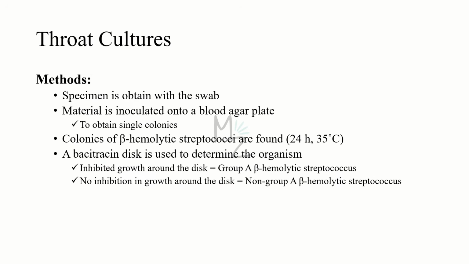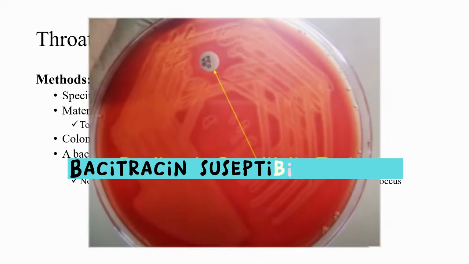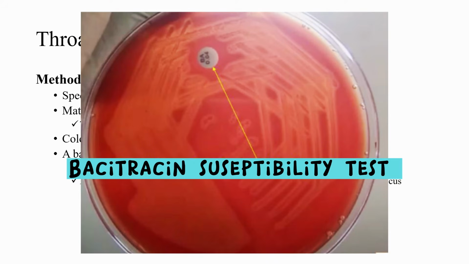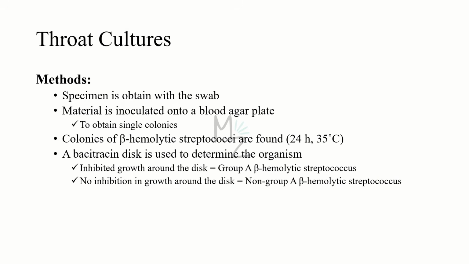If colonies of beta hemolytic streptococci are found after 24 hours of incubation at 35 degrees Celsius, a bacitracin disc is used to determine whether the organism is likely to be a group A streptococcus. If growth is inhibited around the disc, it is group A streptococcus. If not, it is a non-group A beta hemolytic streptococcus.